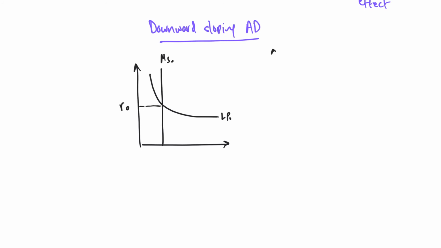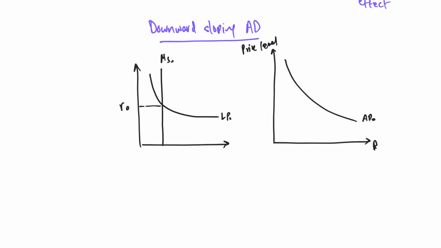Okay, let's say this is my AD curve. So I have price level here, and I have my real GDP here. Currently let's also assume that our price level is P0 and GDP is Y0.